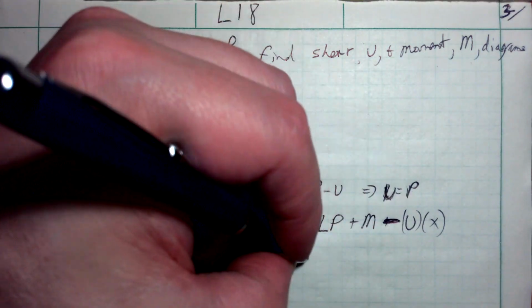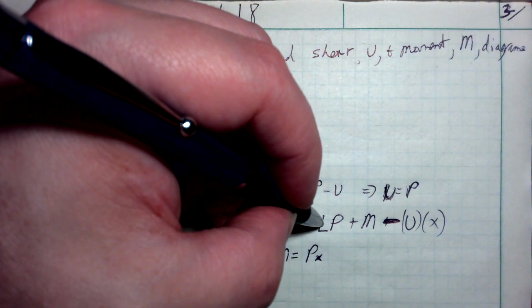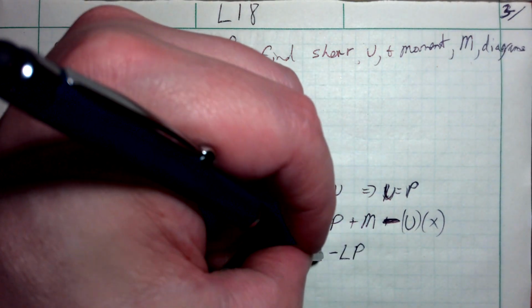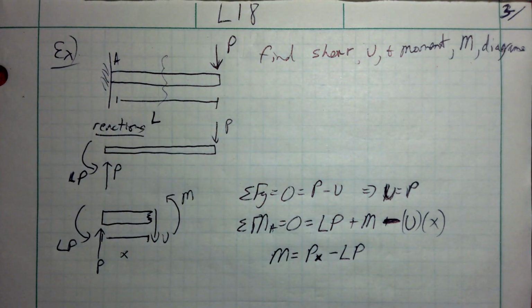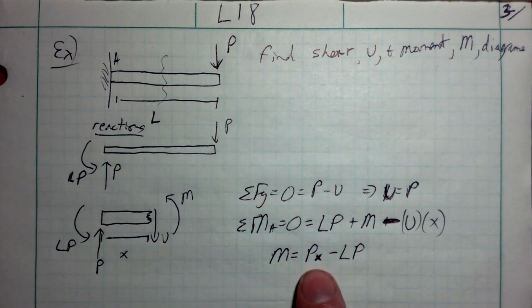Well, my shear is P, so this is going to be P times x. I'm going to move this over to the other side of the equation, so it's going to be minus LP. So P times x minus LP is going to be my equation for moment. P and L are all constants. X is a variable. So this is a linear equation with a positive slope.